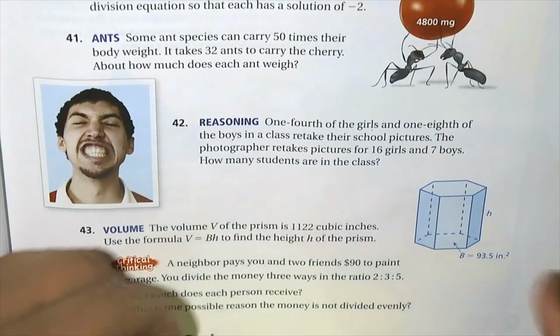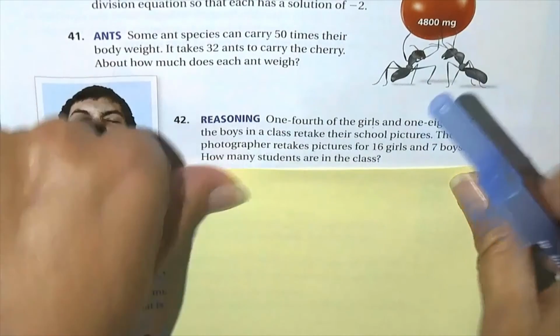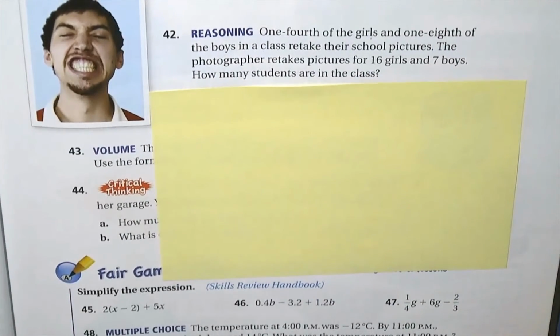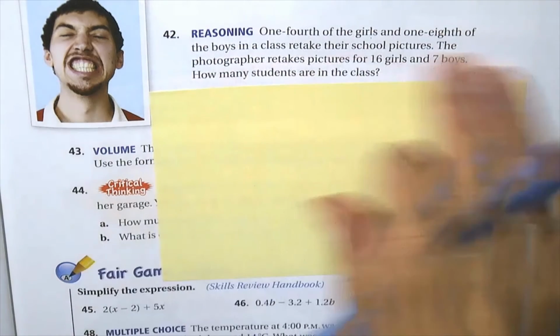Now let's take a look at this goofy guy. One-fourth of the girls and 1/8 of the boys in a class retake their school pictures. The photographer retakes pictures for 16 girls and 7 boys. How many students are in the class?